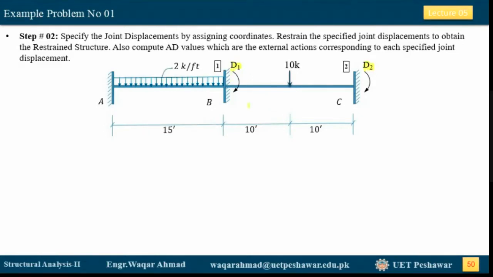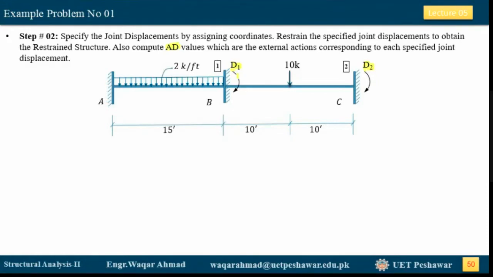There is no external action present here. Also, there is no external action present here. So the AD1 and AD2 values are equal to 0. There is no external action applied at this support, and none at this support, so both AD1 and AD2 are equal to 0.